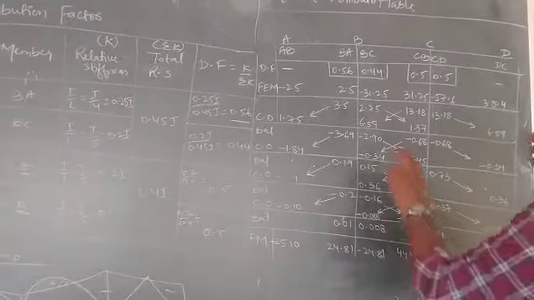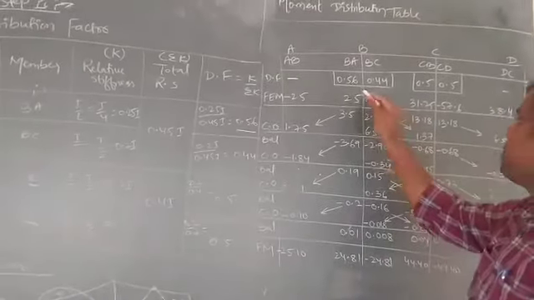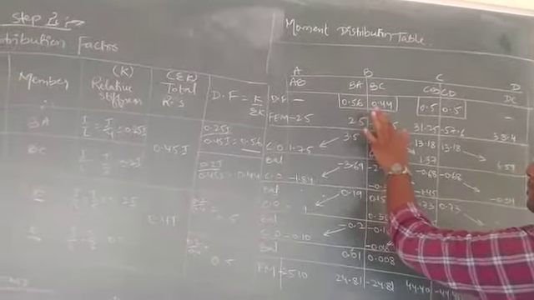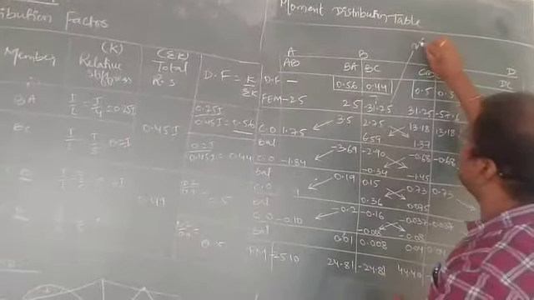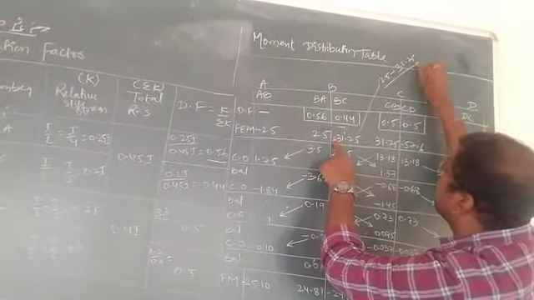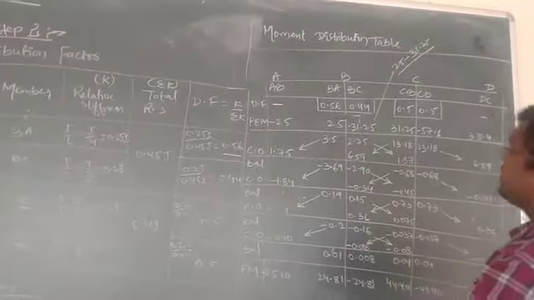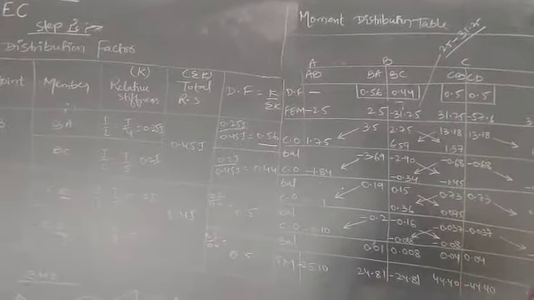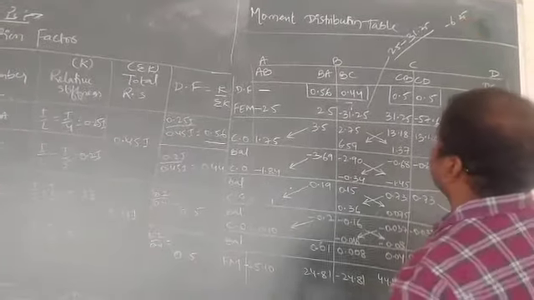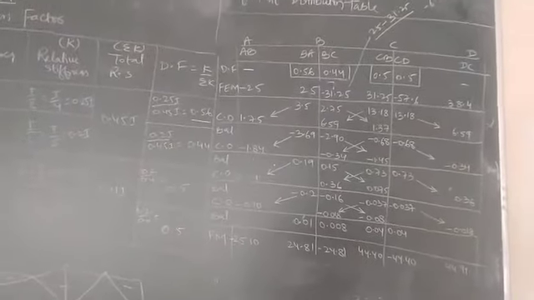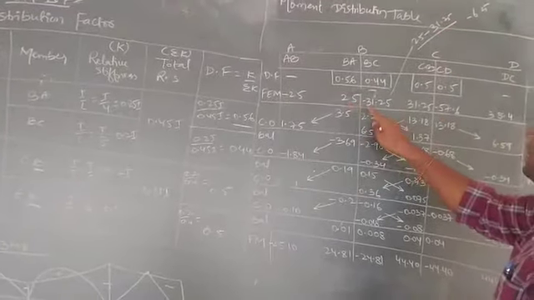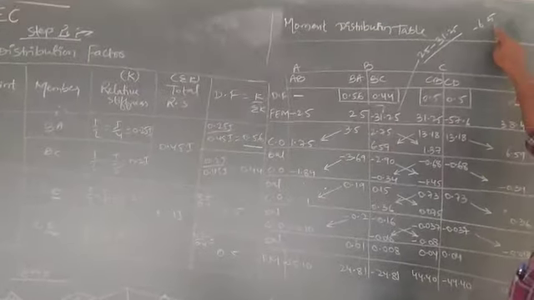Now look at here. When you add 25 plus 31.25, you will get something, how much is it? It is 6.25, I guess. 25 minus 31.25 is minus 6.25.